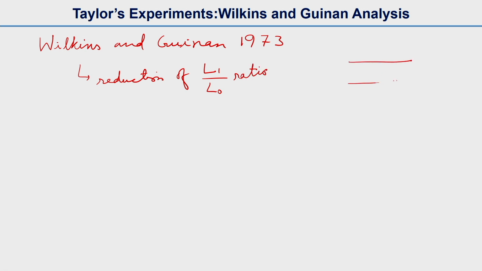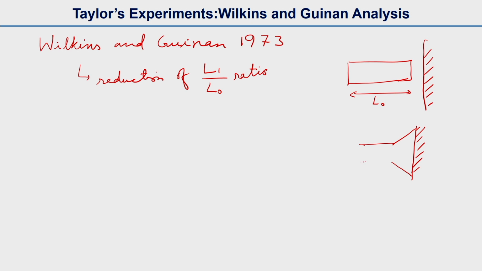Initially the bar impacting the rigid wall has initial length L0, and the final length, assuming a conical shape, is L1.